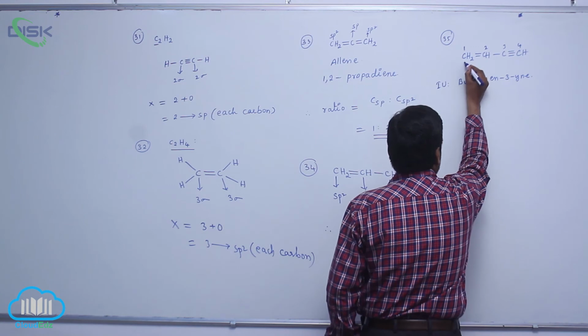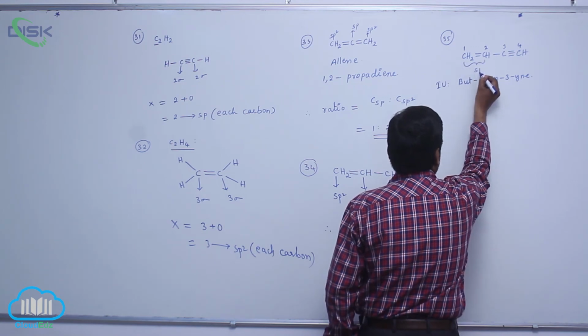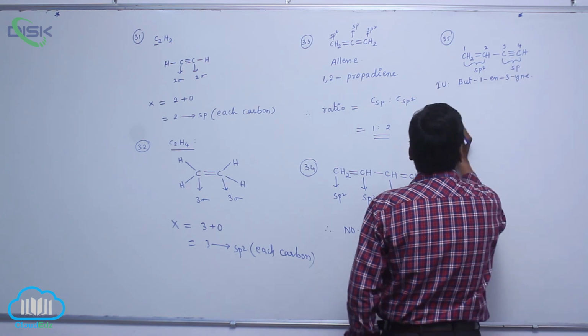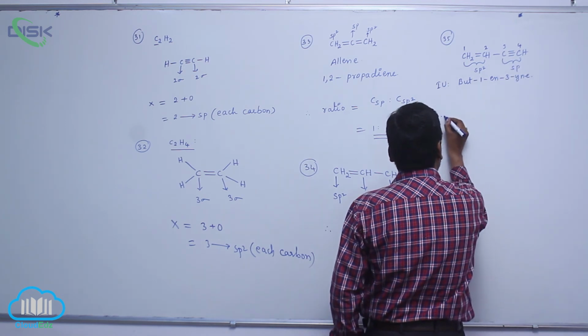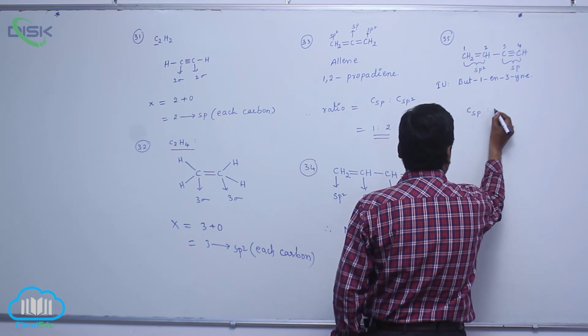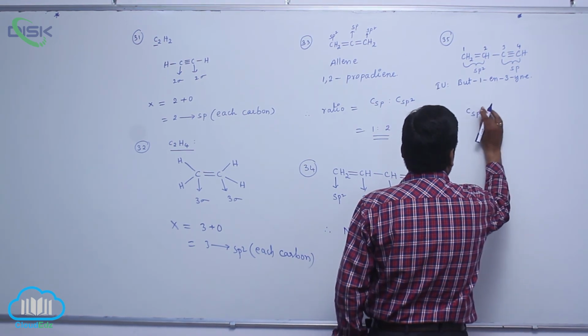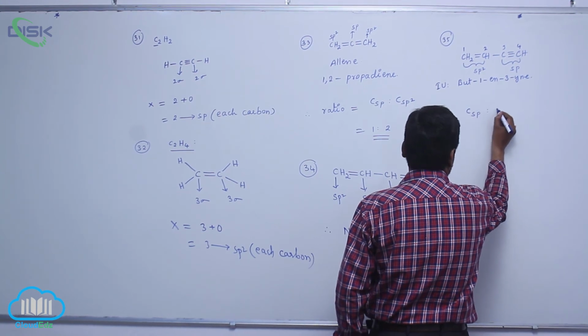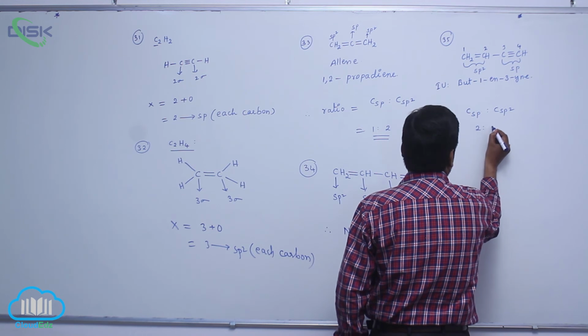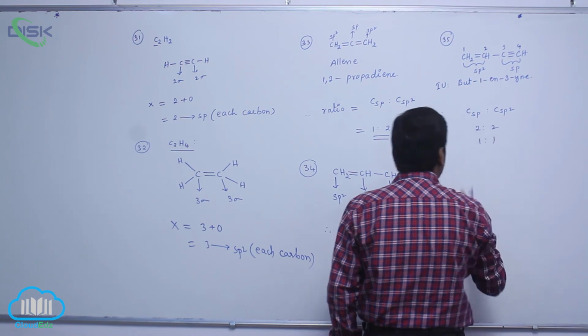So these two carbons are sp2, these two carbons are sp. So therefore the ratio of C sp to C sp2 is 2:2, that is 1:1.